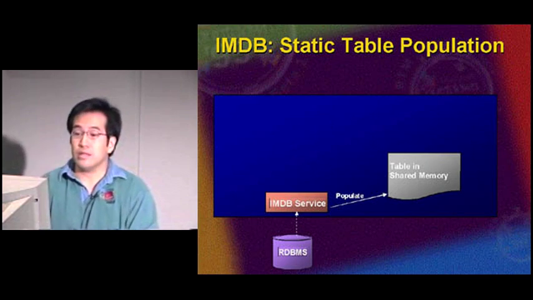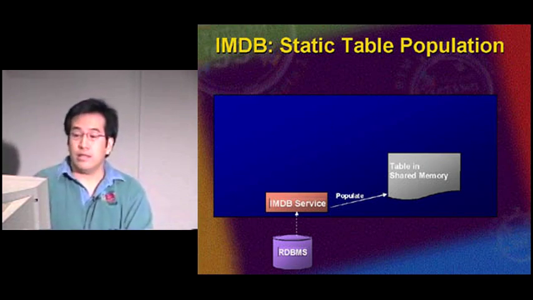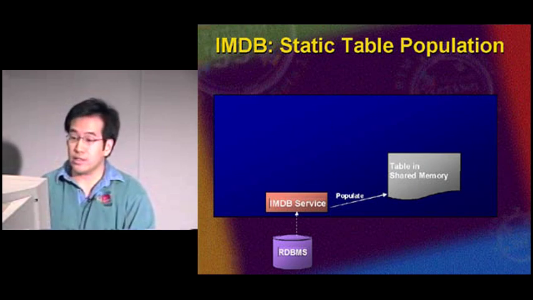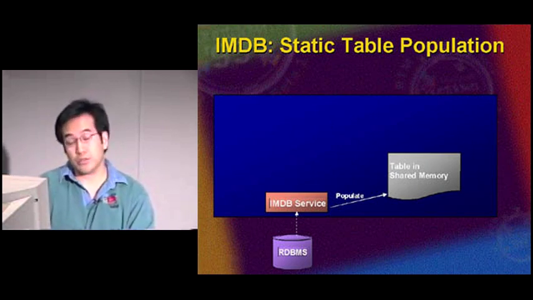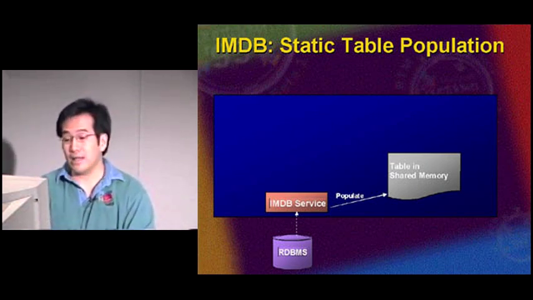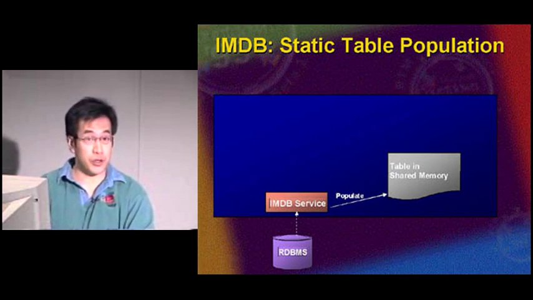There are two ways that IMDb cache can be populated. In this diagram, we'll cover the situation where IMDb is configured to load Oracle or SQL Server tables at IMDb service startup time.